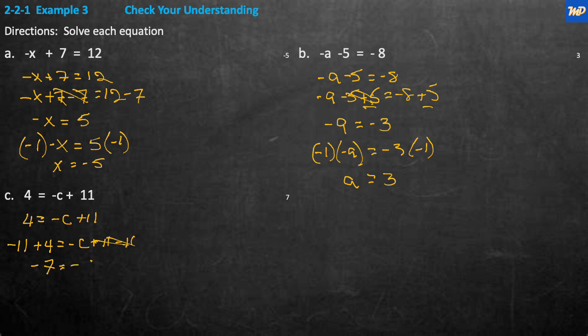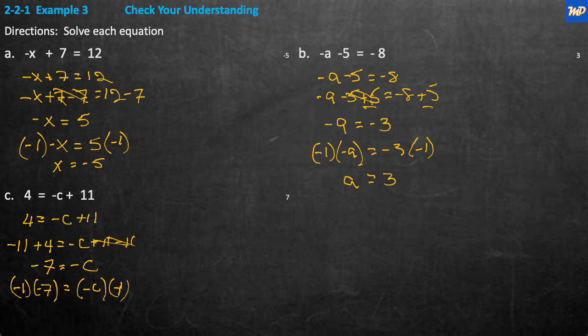Equals negative C. So now we have to get rid of the negative on our coefficient of that C because it has to be a positive 1, not negative 1. And to do that, we're going to multiply both sides by negative 1. So we're going to get negative 1 times negative 7 equals negative C times negative 1. That's a 1, by the way, right there, negative 1.